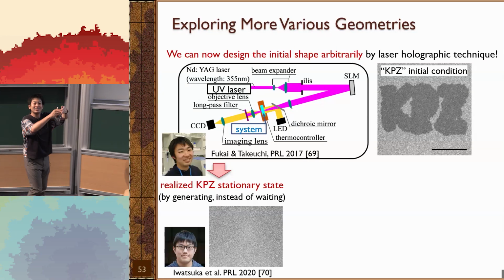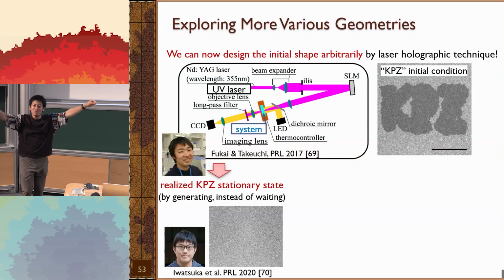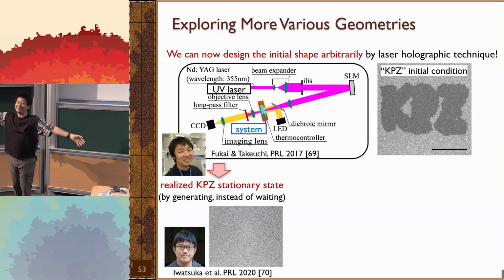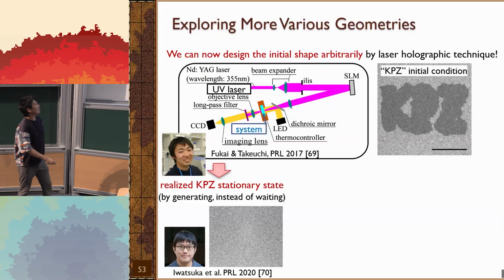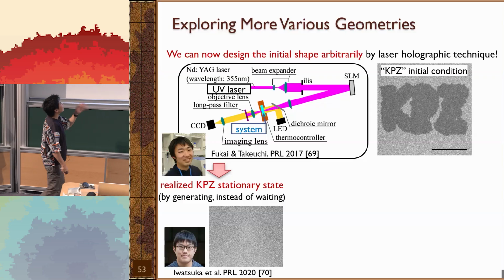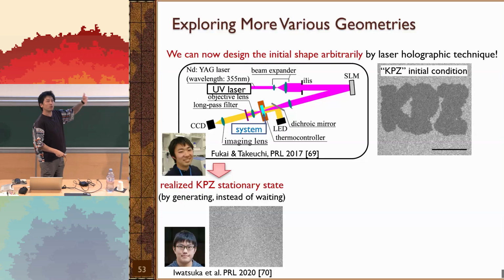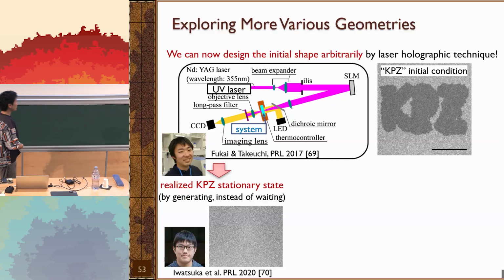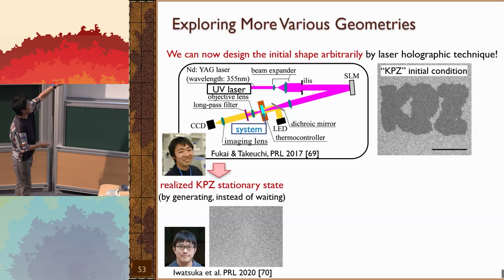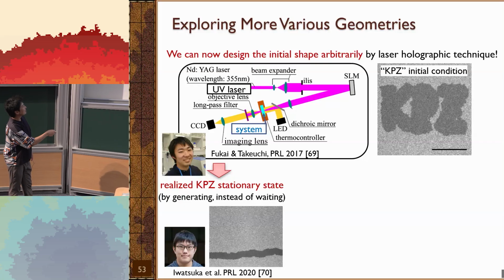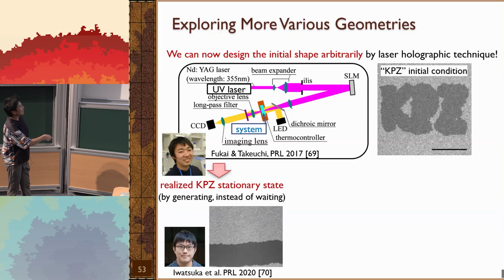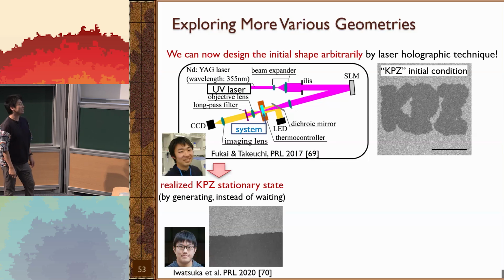I mean, in order to get a stationary interface, we have to wait infinitely long, right? But we cannot wait infinitely long. So actually, there was no direct test of the predictions for the stationary state. But by this technique, we can generate a Brownian initial condition. So we can test predictions for the stationary state.